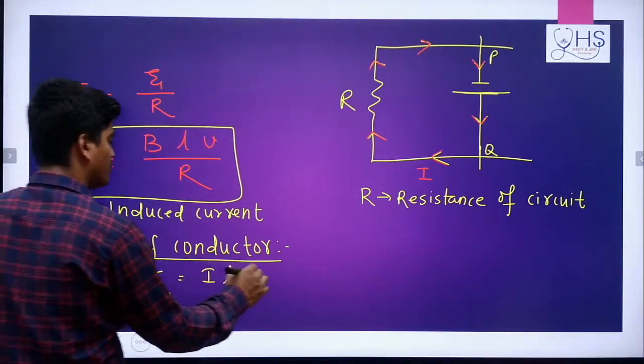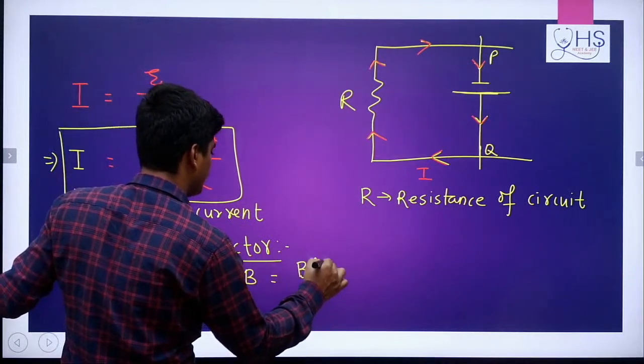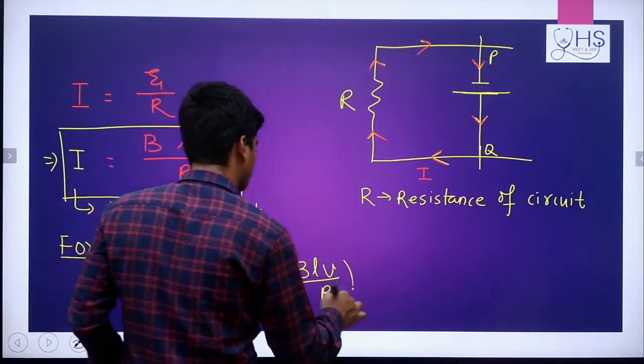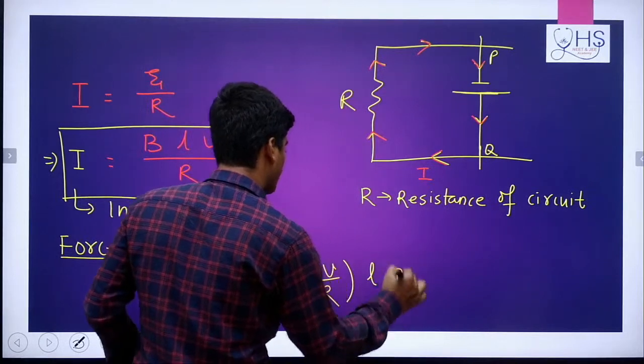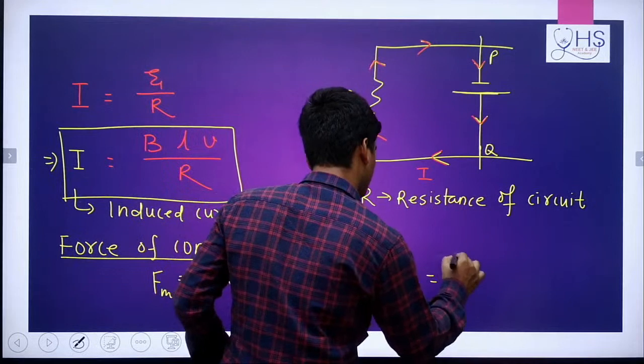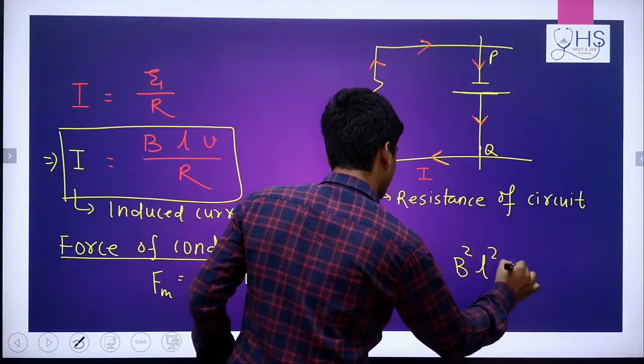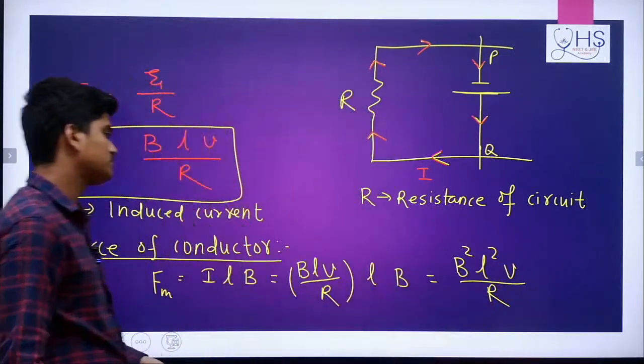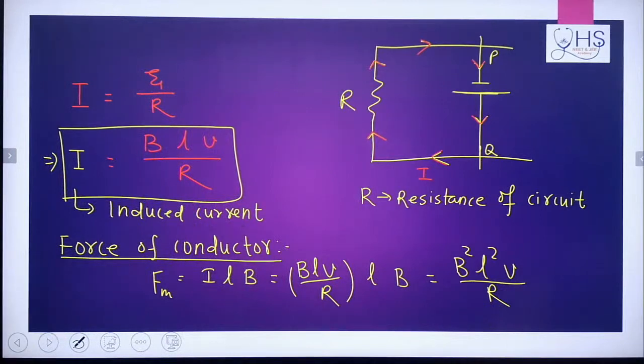Here you already know what I is: BLV by resistance R, into length L, into magnetic field B. If you multiply this, you get B square L square V divided by resistance R. So this is your magnetic force.